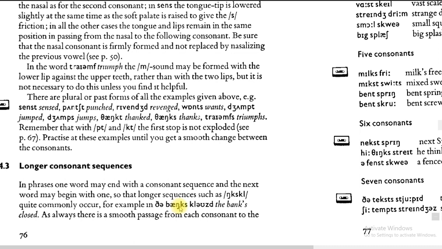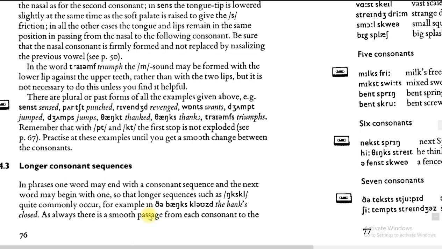This word ends with 3 consonants in the final position, and the next word starts with initial consonants in sequence, here 2 consonants, and all in all they become 5 consonants in sequence. So this case of longer consonant sequences happens between words inside phrases, between 2 words.